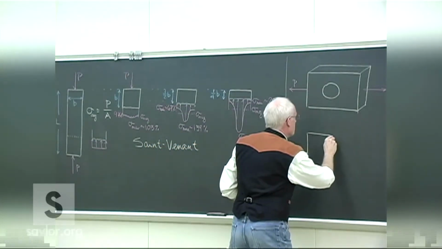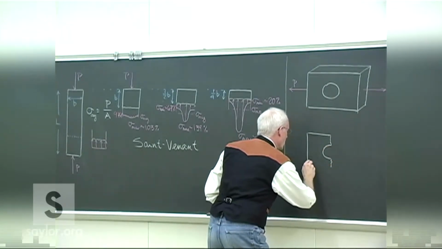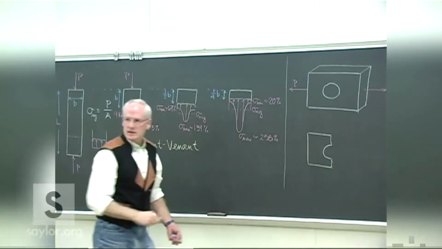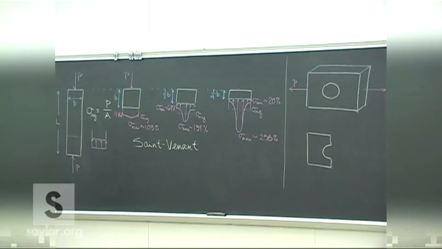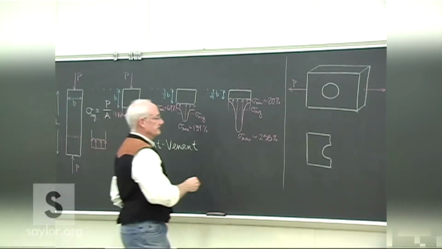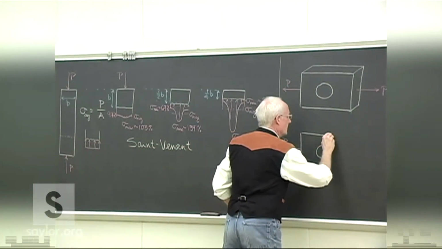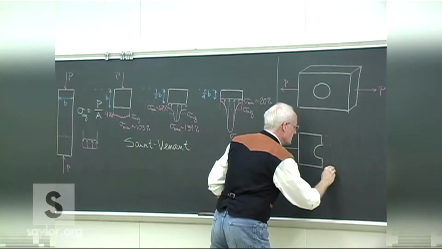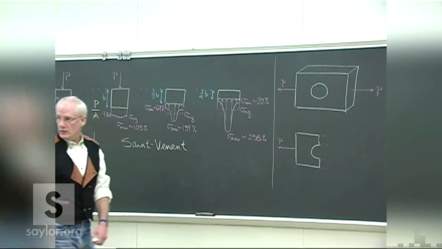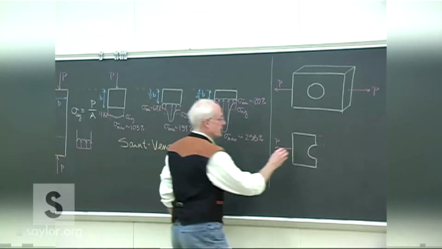If we put an imaginary cut right where that hole is and look at the stress distribution there, we'll see something, again, not like the average uniform distribution we've been assuming, but a much more skewed distribution.